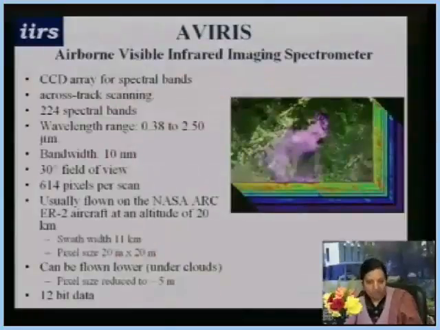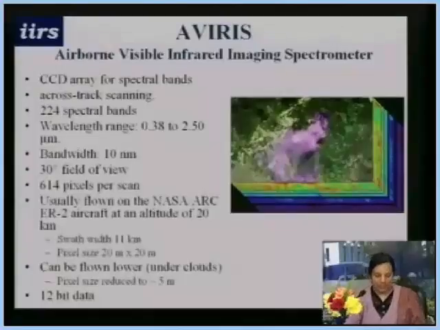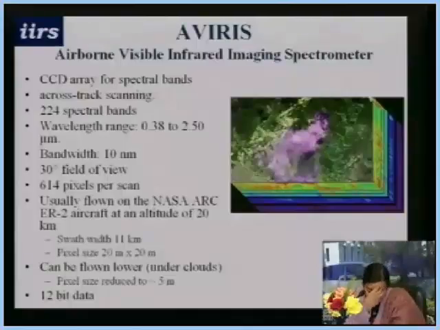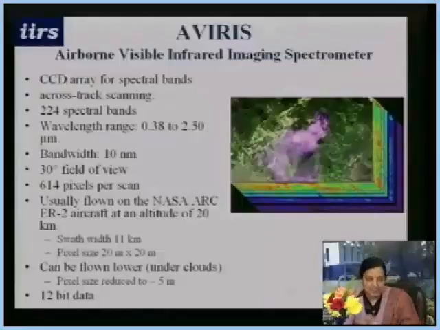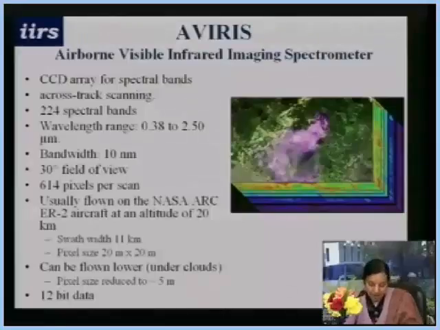The Airborne Visible Infrared Imaging Spectroradiometer was designed and built, as I said, by NASA. It's a whisk broom type of scanner, an airborne scanner, and it flies on various airborne platforms. The swath and the spatial resolution depend on the flying height and the ground speed of the aircraft. In general it covers an 11 kilometer swath at 20 meter pixel size.